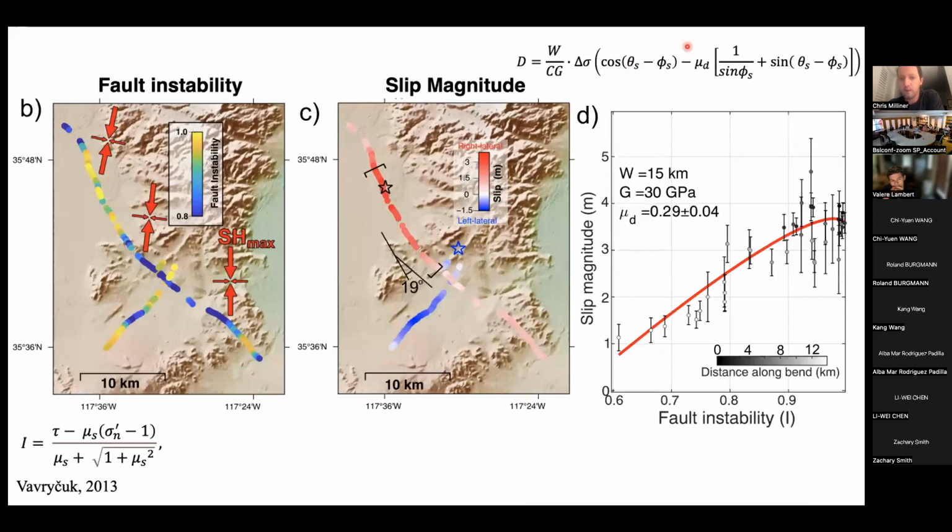So that's what we do next, is we invert this equation, the fault slip, for the frictional parameters. So we'll start on the figure on the right. Okay, so this is showing the slip magnitude as a function of that fault stability, and I've colored this by the distance along the bend.